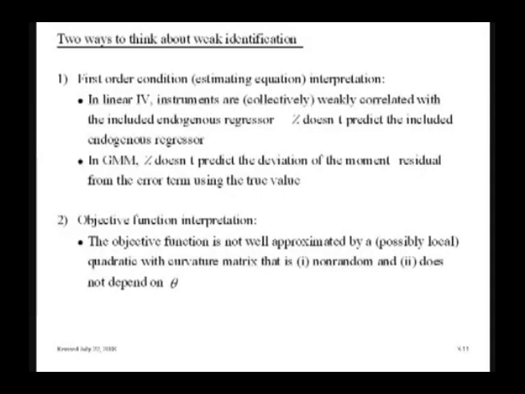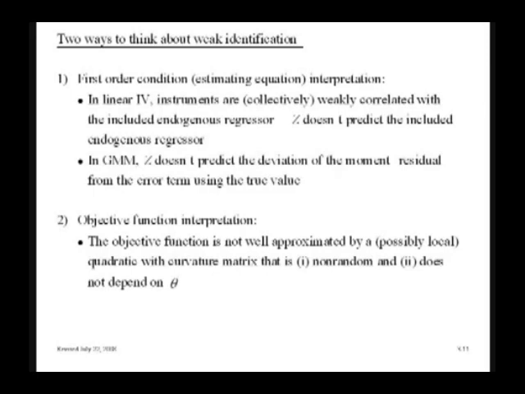Okay, so there's a couple of ways to think about weak identification. One of them, which is what I'll start out with, and that's what I'll talk about in this first lecture, is thinking about it from just a first-order condition or an estimating equation perspective.